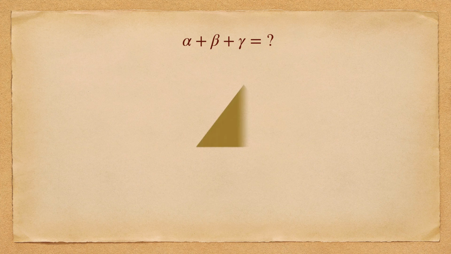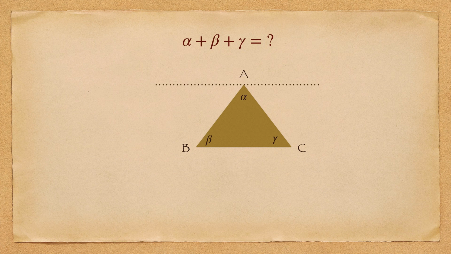Now that we have seen the three angles of a triangle, the question arises: what will happen if we add up all these three angles? Let us have a triangle ABC that contains the angles alpha, beta and gamma. In order to add them up, we can use various ways. Let's use one of the easy ways, which is to draw a line parallel to the base BC.